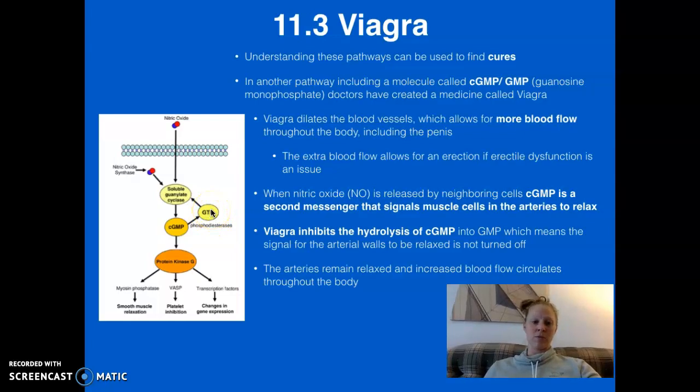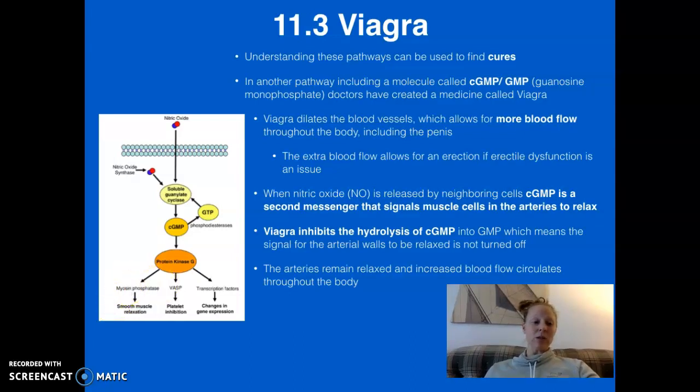I don't want that to confuse you. It's the same thing. But essentially what happens is this stays on. It doesn't get turned off, which means that the smooth muscle continues to relax. And that means that the blood vessels will stay dilated until the medicine wears off. And so that is one way that we use it to help.